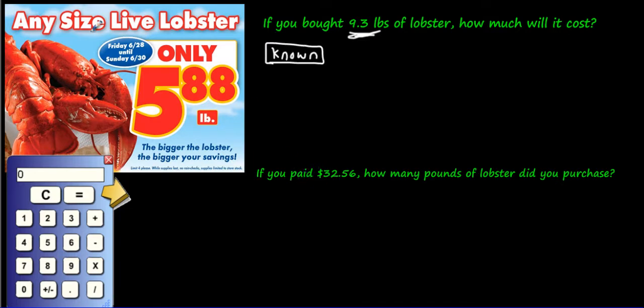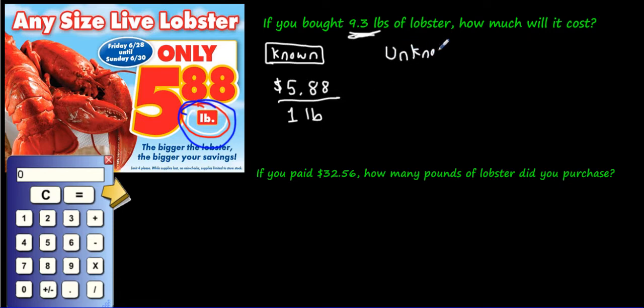We know whatever the poster tells us. We know that it's $5.88 for 1 pound.